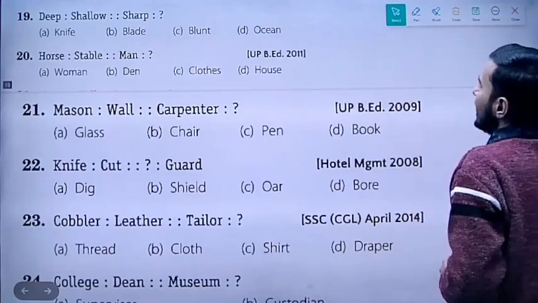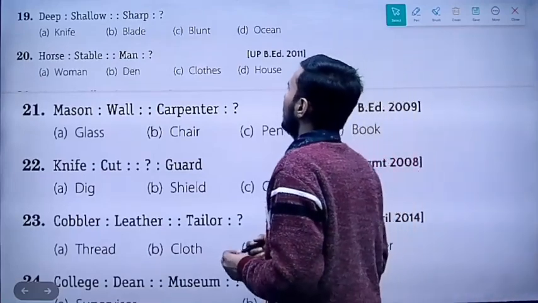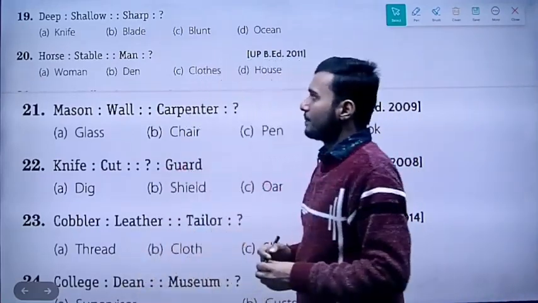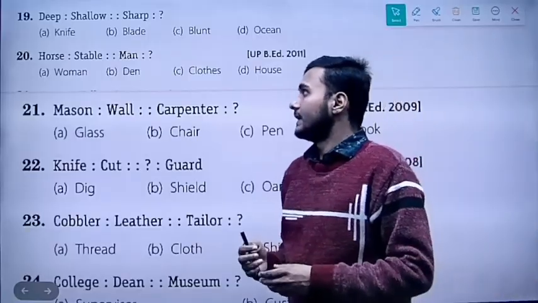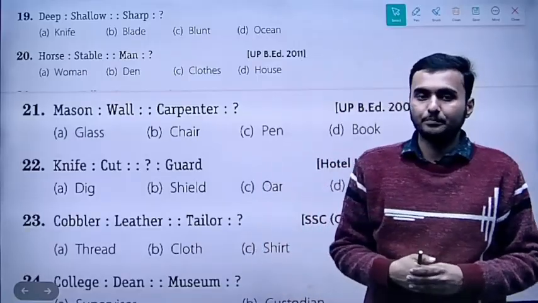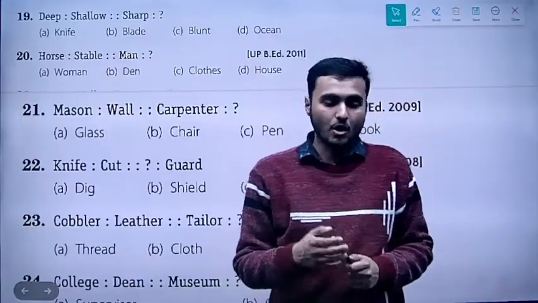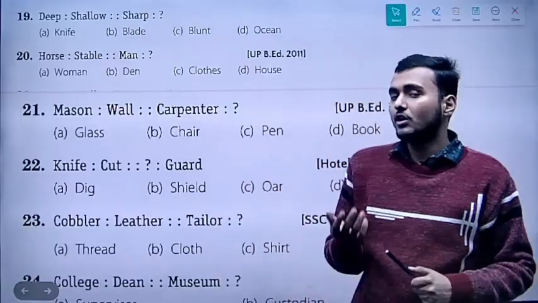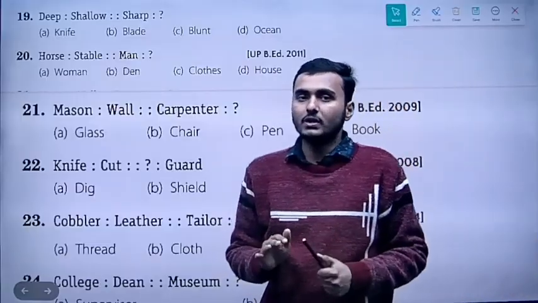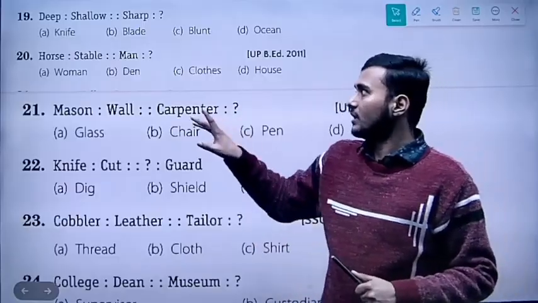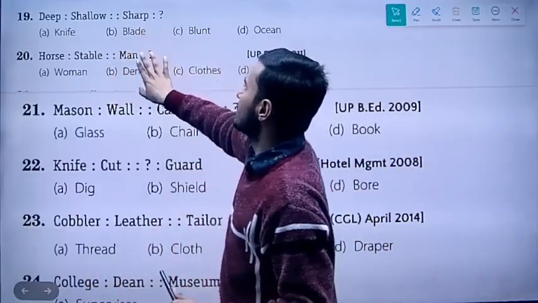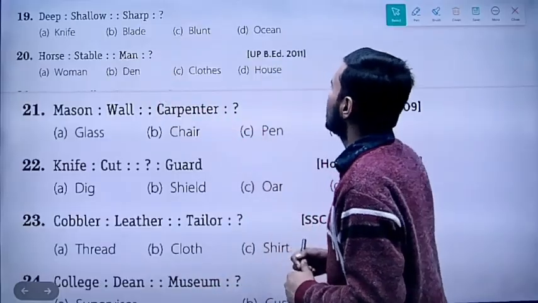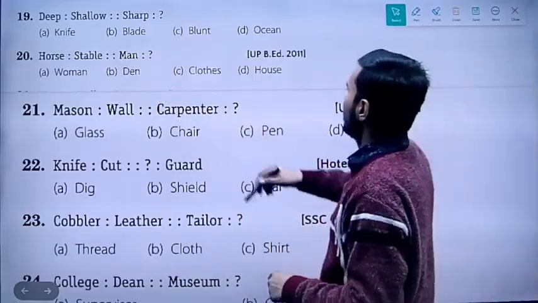Question number 20. Deep is equal to shallow, then sharp is equal to what? If we look at this question, deep means, in Hindi, बहुत ज़्यादा गहरा, and shallow means not too much deep. So there is an opposite relationship between them. We have to find the opposite of sharp, and the opposite of sharp is blunt.